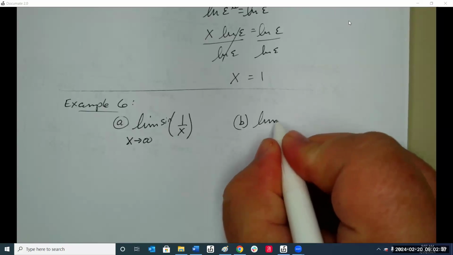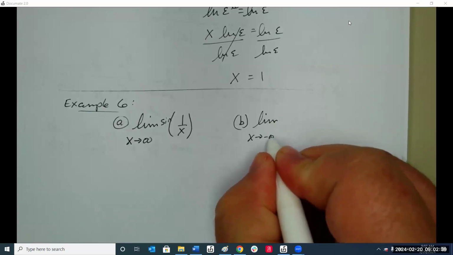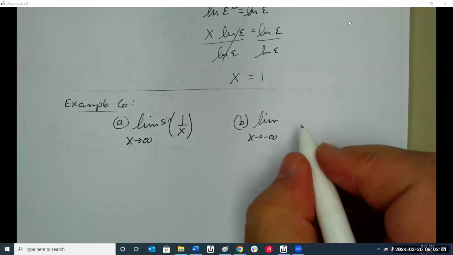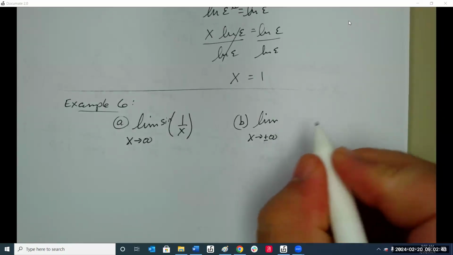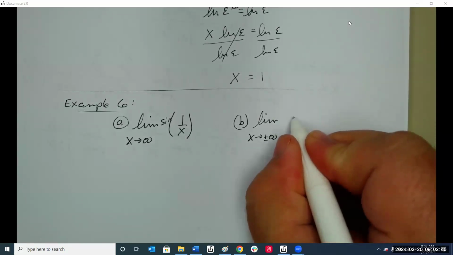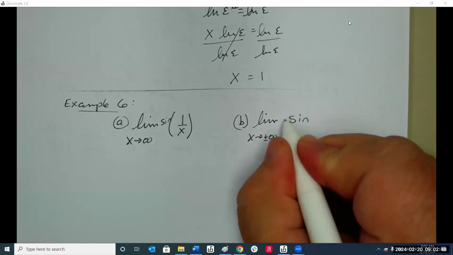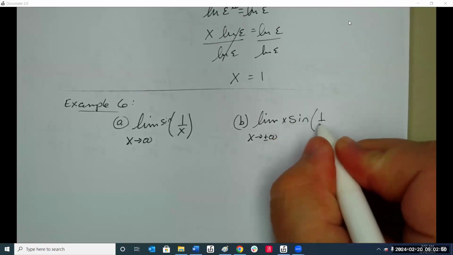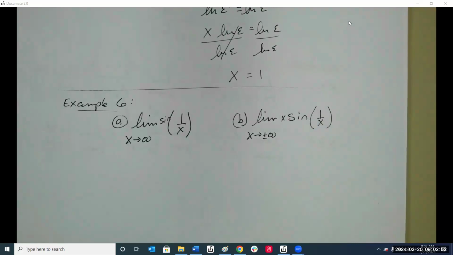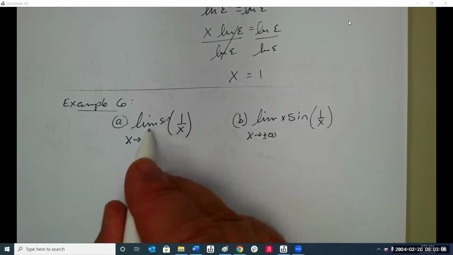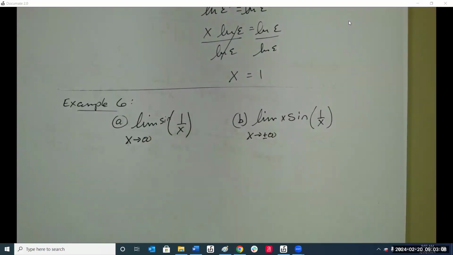And the limit as x approaches plus or minus infinity of sine x. So this is limit as sine 1 over x.